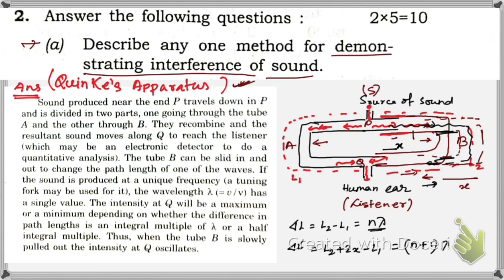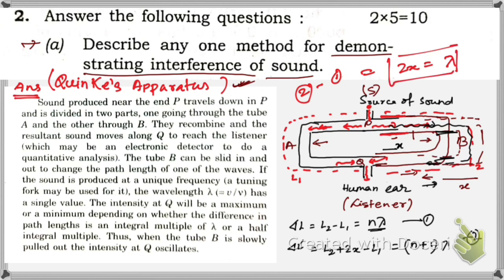Now if you subtract equation 1 from equation 2, you get twice x is equal to lambda. So lambda is the wavelength, so x will be equal to lambda by 2.